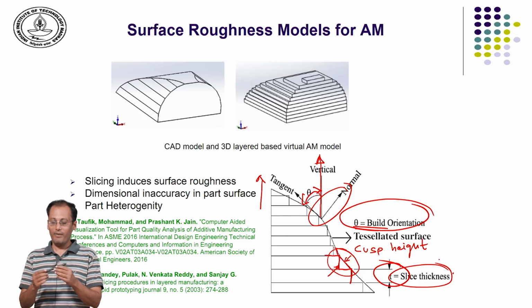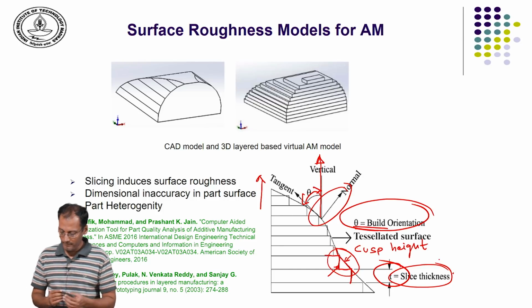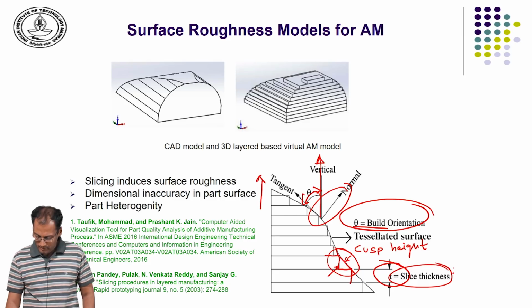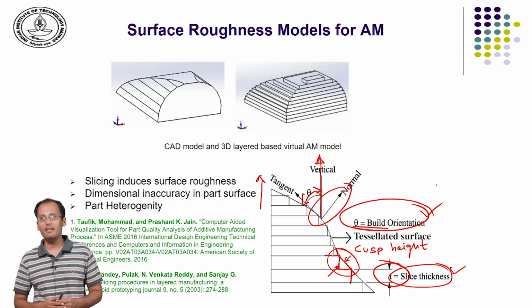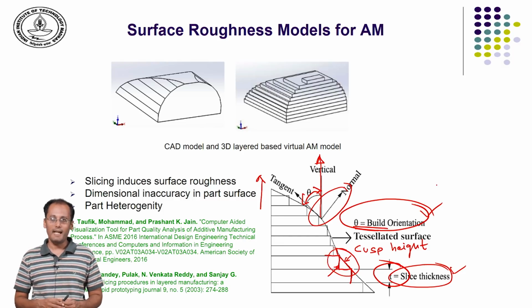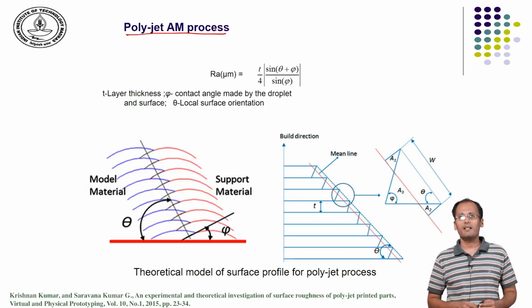That is, if I try to gain on the build time, I may lose on the part strength and so forth. So, a lot of people have looked at how slice thickness and build orientation affect the part quality, both from the geometric deviation as well as from the mechanical strength. So, here I am describing one such process, which is a PolyJet process.